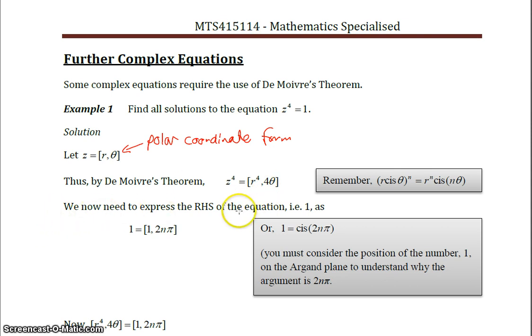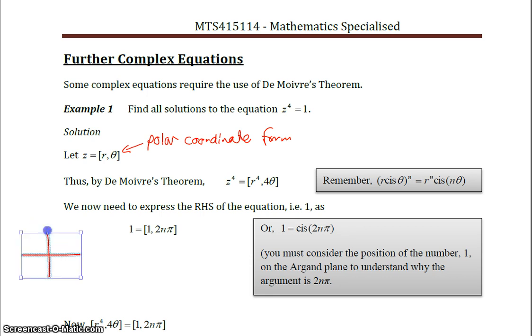We now need to express the right hand side of this equation as 1 equals 1, 2n pi. Now, where am I getting this from? Okay, so this, remember, is still a complex number, the number 1. Let's think about where it is represented on the Argand plane, and that might help in working it out.